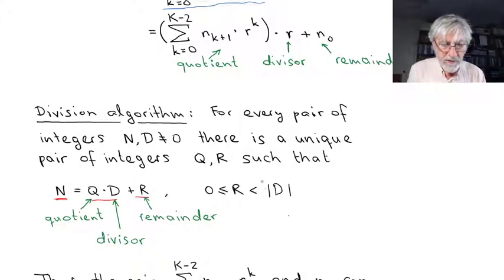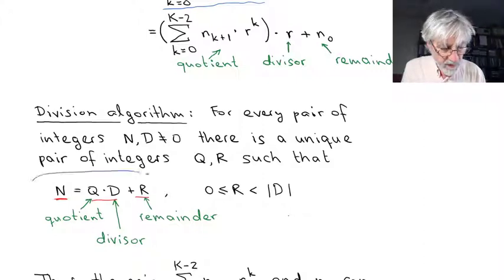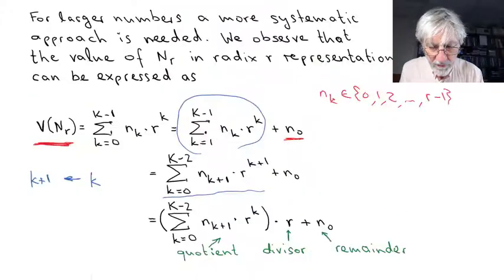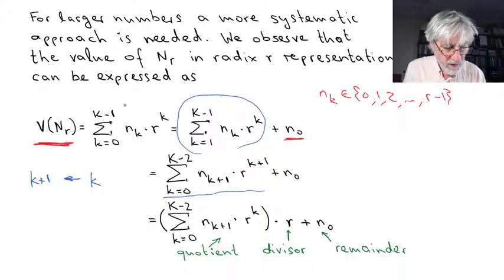For us, the divisor is R, the radix, and we're going to use positive radixes, so the magnitude doesn't really matter. So this thing here looks exactly like what we have derived up here when we went from the value of n sub r from the original formula to the newly derived formula where we have a reduced sum. It's reduced by one member times r plus n0.